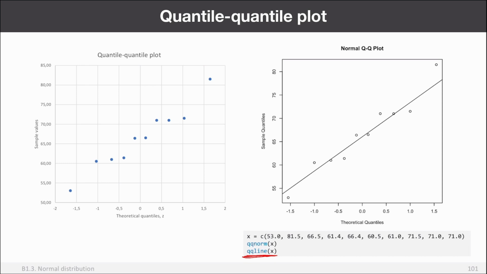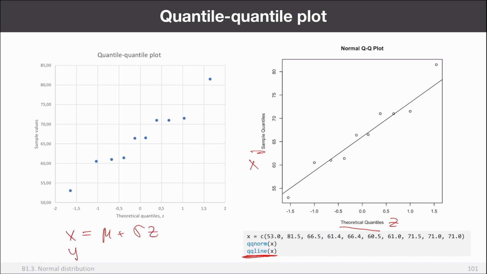First, we compute empirical quantiles based on the ranks of your values, and then we compute theoretical quantiles, assuming that these values came from a normally distributed population. So we use the quantile function, the inverse CDF for the normal distribution, and then we make a plot where we have the z-score here and the x values here. You remember that we assume x is mu plus sigma z, right?